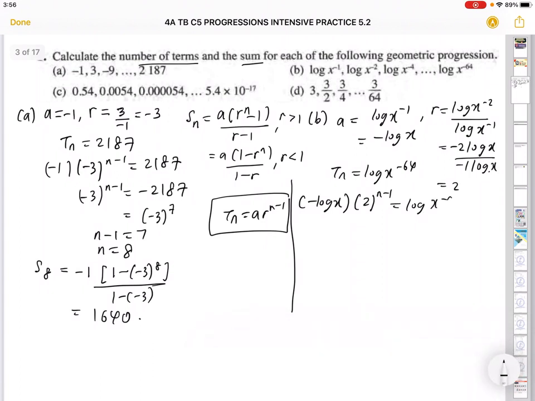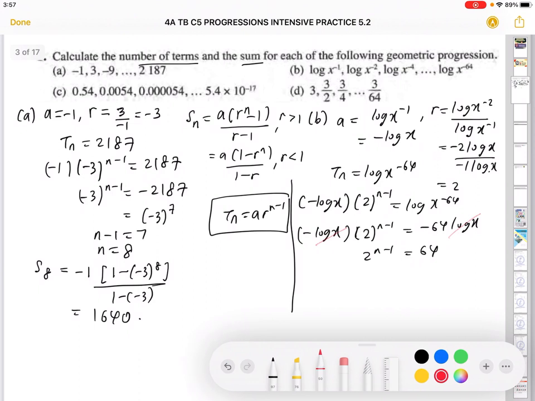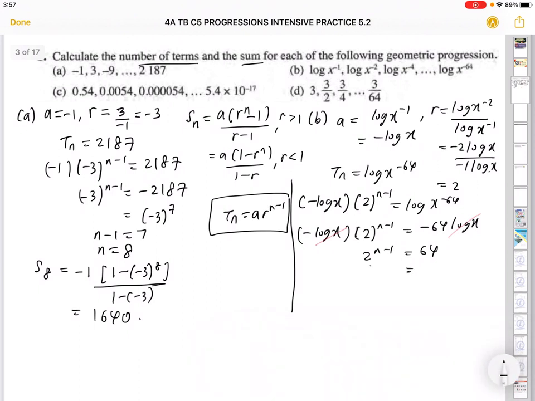The x^-64, you can bring the power down. Okay, let me just copy this over here, and you can cancel the log x. So 2 power n minus 1 is now 64. We cancel this 2 and the negative as well, so you're left with 64. So we know 64 is actually 2 power 6, n minus 1 is 6, and n is 7.